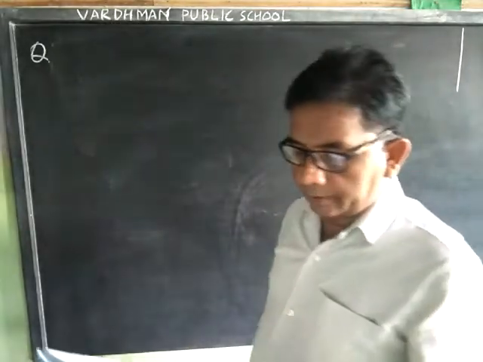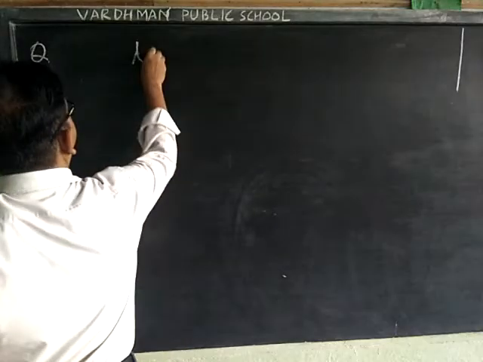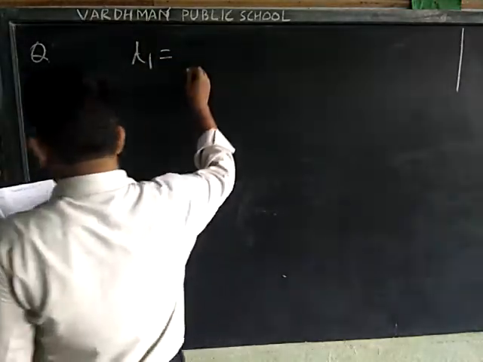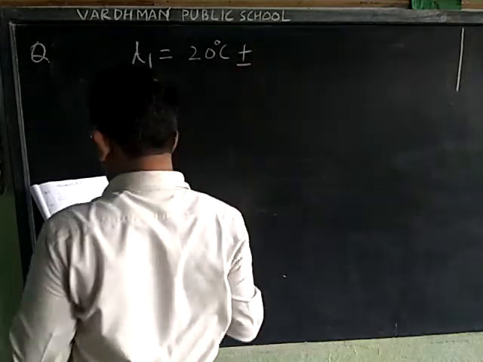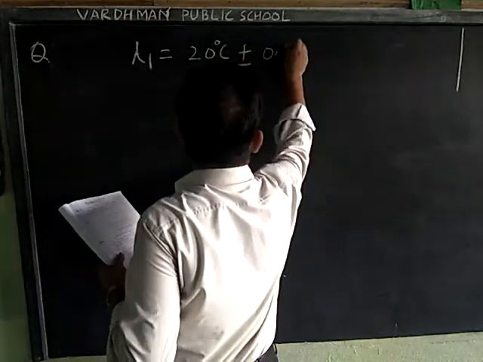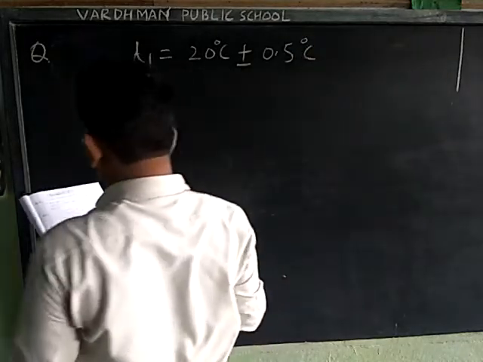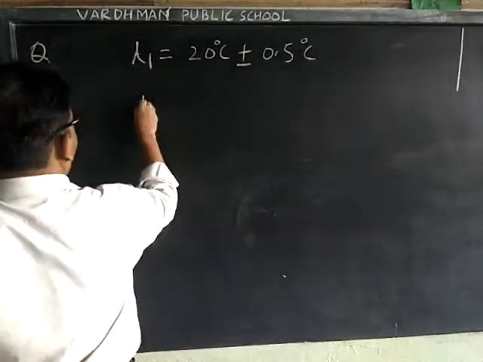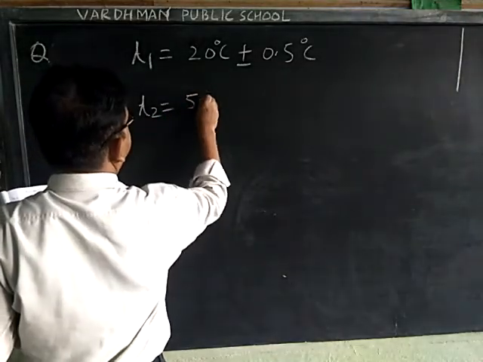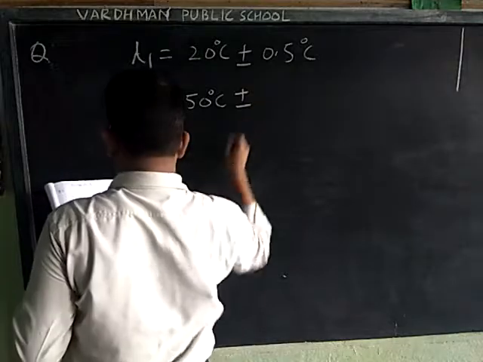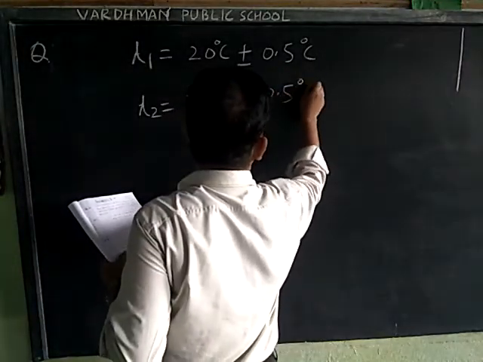Here given temperature T1 is equal to 20 degree centigrade plus minus 0.5 degree centigrade, T2 is equal to 50 degree centigrade plus minus 0.5 degree centigrade.